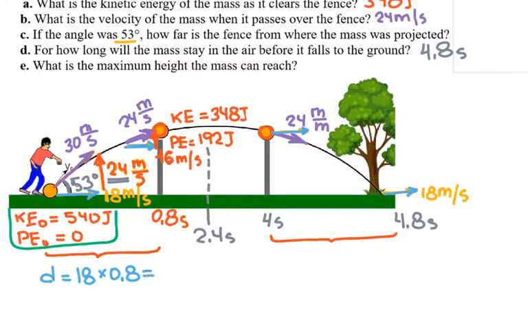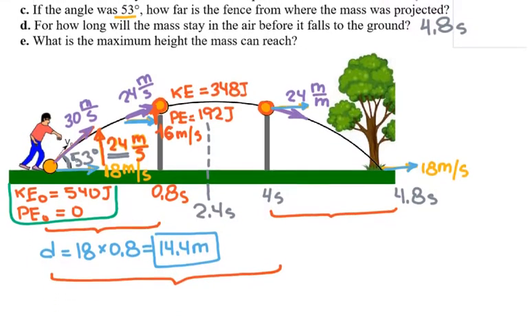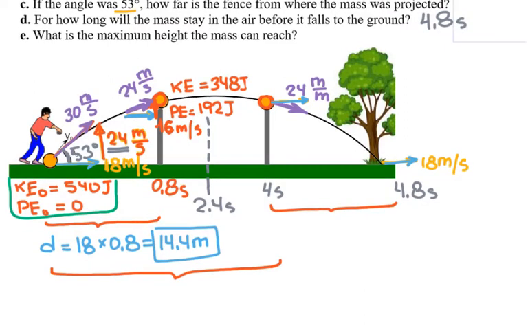So the fence could be at this distance, which is 14.4 meters, or the fence could be at this distance, which is the same horizontal velocity that doesn't change, times 4 seconds, gives me 72 meters.